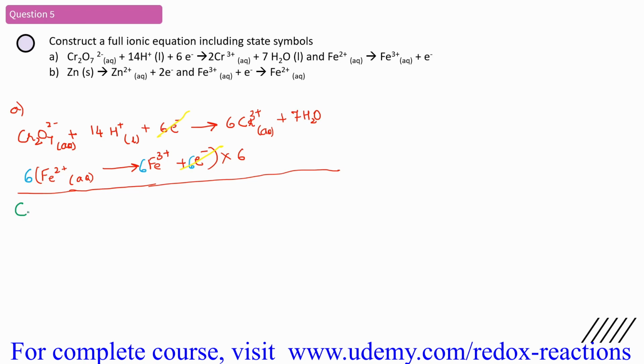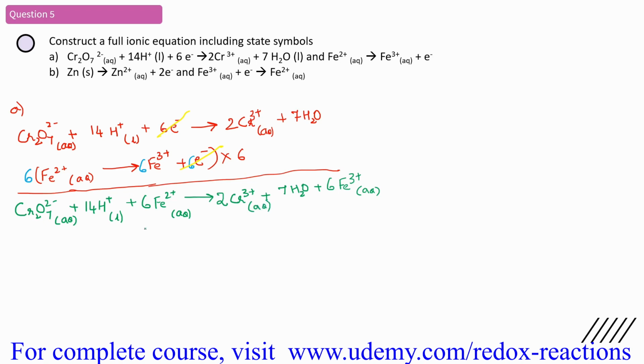So the final equation would be Cr2O7²⁻ in aqueous condition plus 14H⁺ in liquid state plus 6Fe²⁺ in aqueous conditions would give rise to 2Cr³⁺, 7H2O plus 6Fe³⁺. So Fe³⁺ in aqueous condition and 2 chromium ions in aqueous conditions. So this would be a full ionic equation including its state symbols.